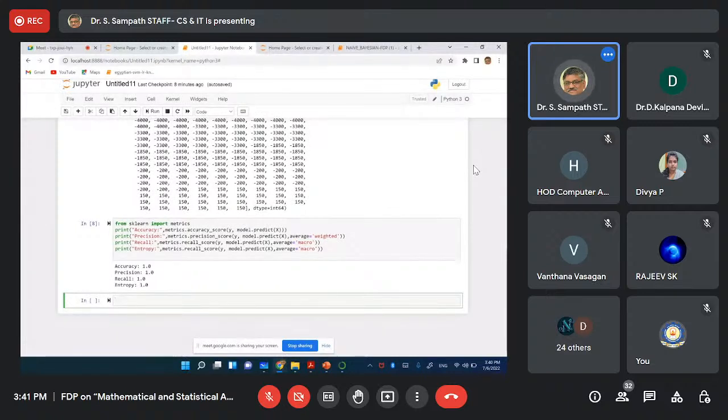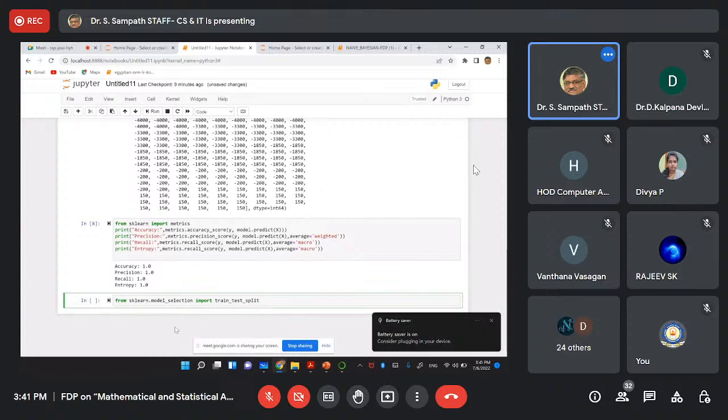Understood? So now for selecting the model, from sklearn dot model selection, I would like to import one component called train_test_split.